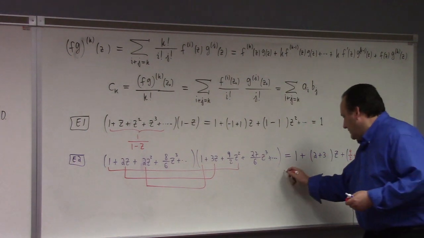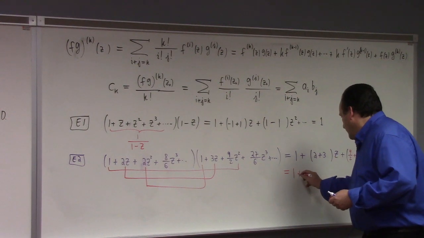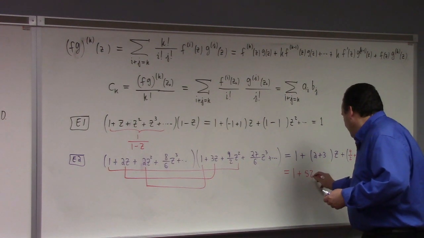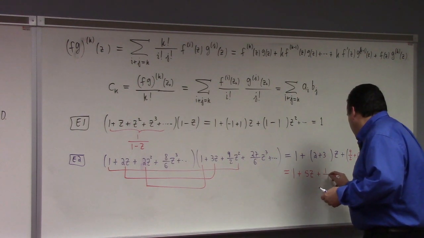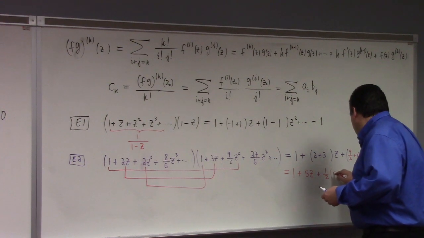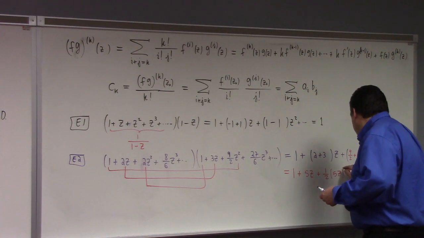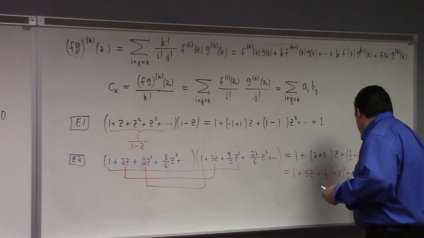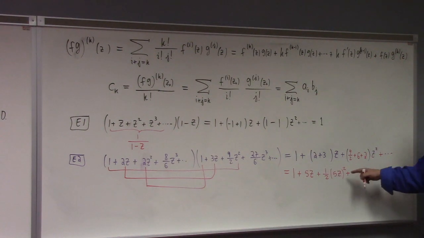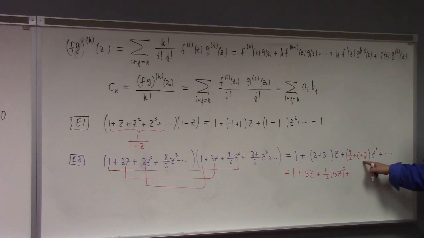And what do we got? We've got 1 plus 5z plus 1/2 of 5z squared. Now, I say that's 1/2 of 5z squared because if you look at this, this is 8, which is 16. 16 plus 9 is 25. 25 over 2 is 5 squared over 2, right?